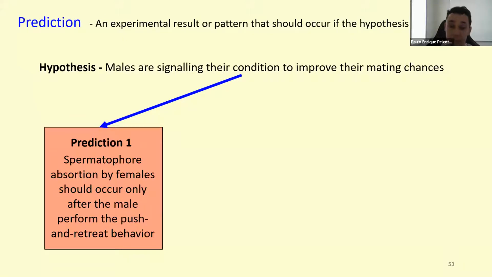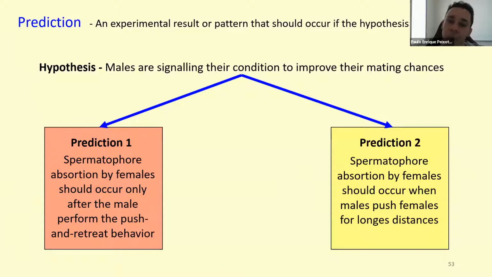For example, I can make a second one, like this: spermatophore absorption by females should occur when males push females for a longer distance. In the sense that my prediction is that males in better condition should be able to push females for a longer distance, and this will increase the chance that I will see a spermatophore absorption, okay?